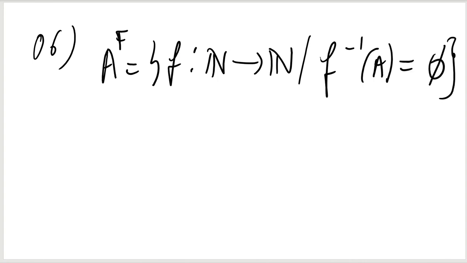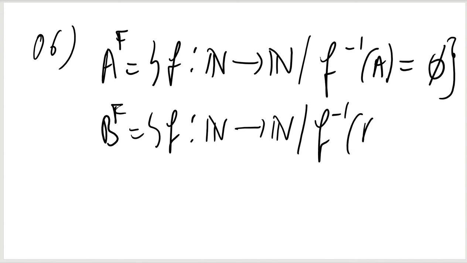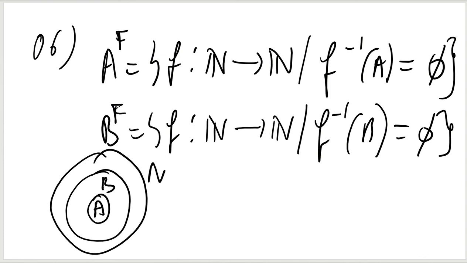And I assume that for B you're going to have a similar expression, functions from N to N such that f^-1 of B equals the empty set. So again, we have something like this: this is A, this is B, this is N, right?